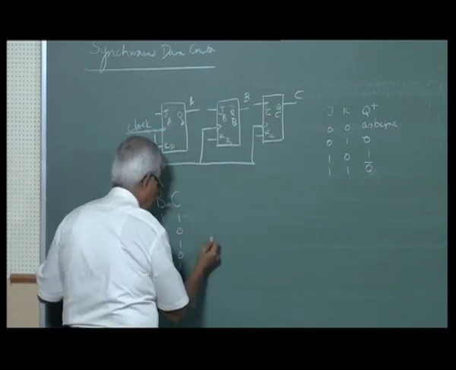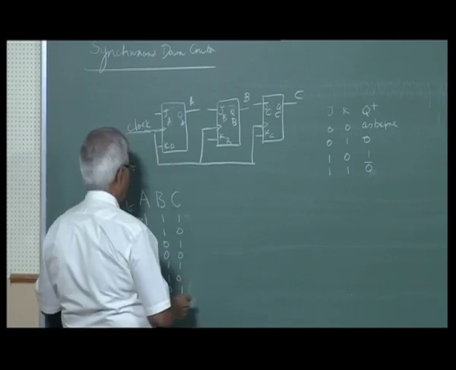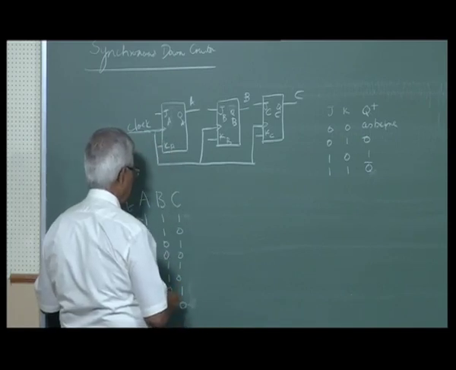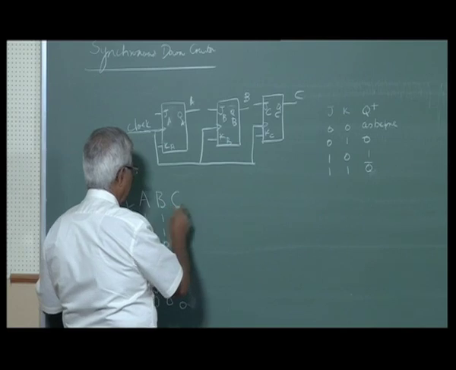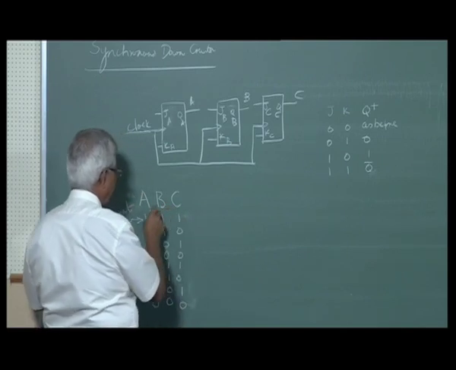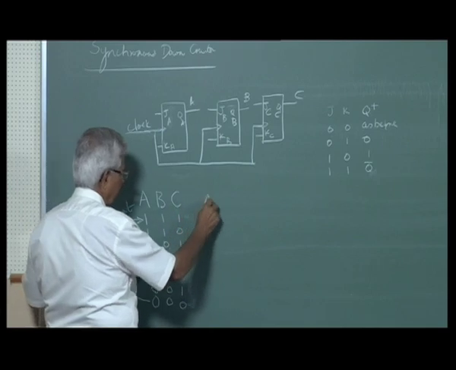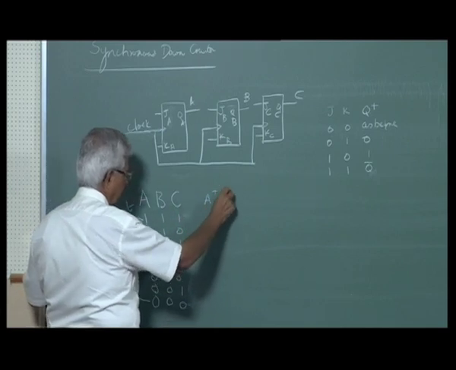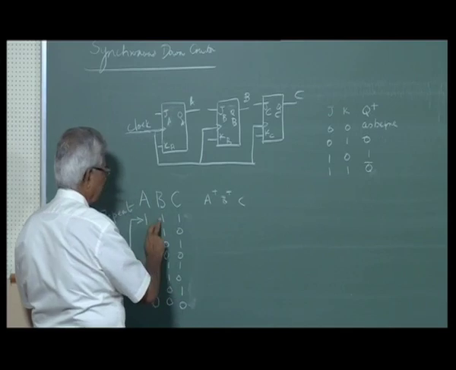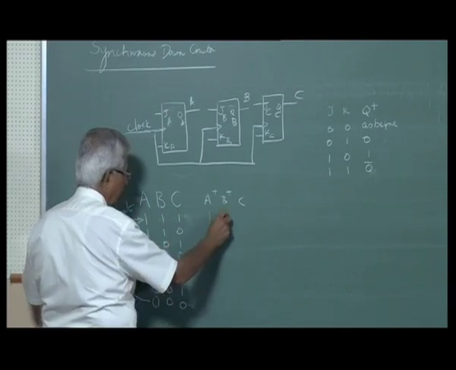Now, this is the present state, next state will be, we will call it A plus, B plus, C plus. The present state is 1 1 1, next state will be 1 1 0.